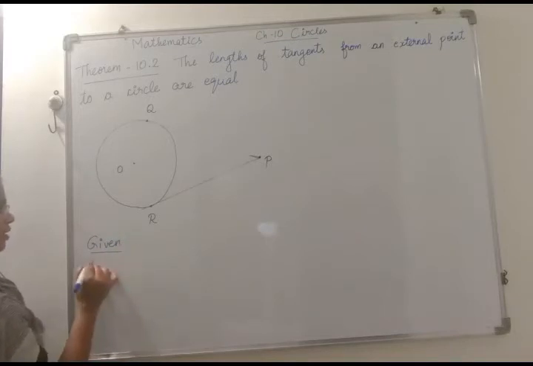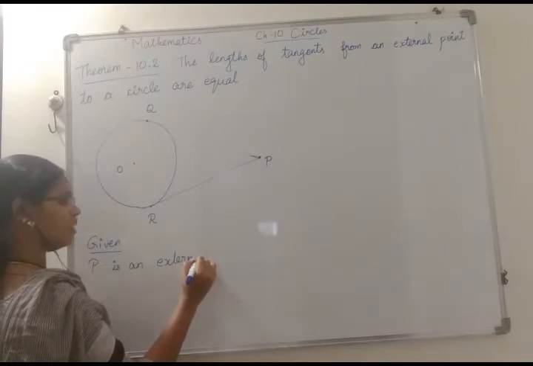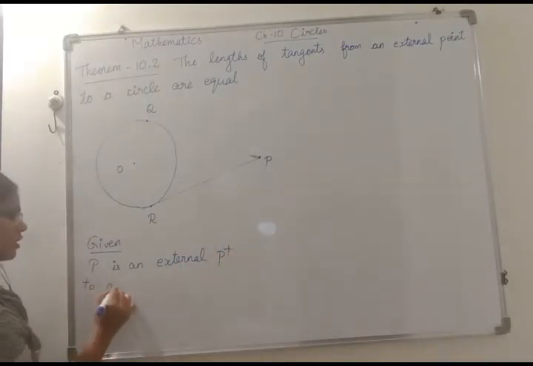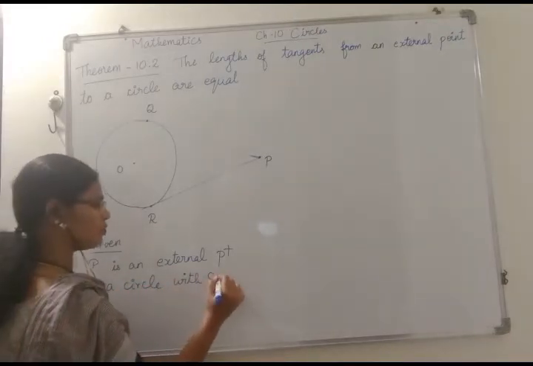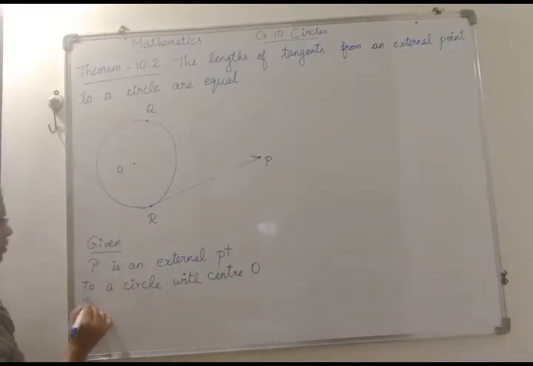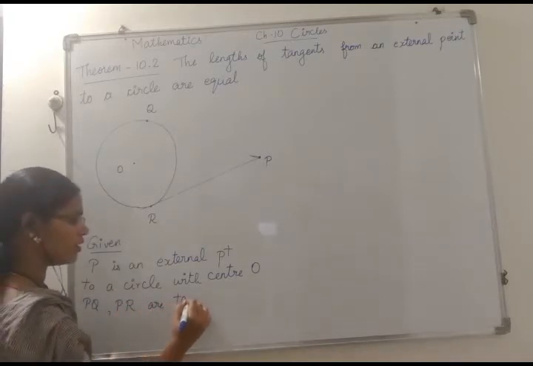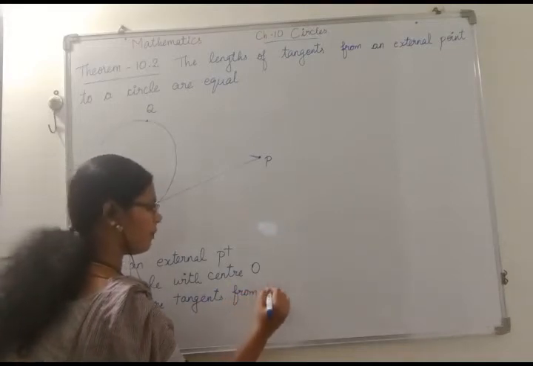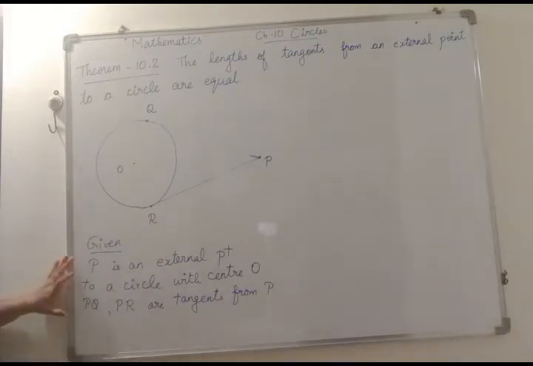Given that P is an external point to a circle with center O, and PQ, PR are 2 tangents from P. From the point P, we are having 2 tangents. This much is given to us.